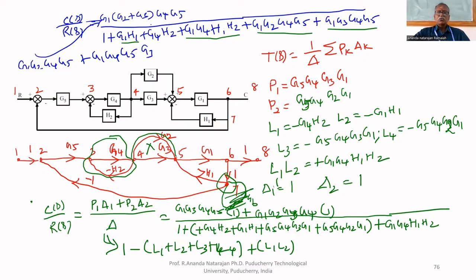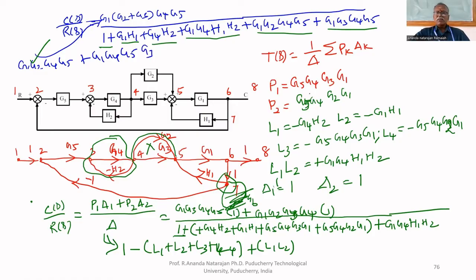G4, H2 is also there. 1 is also there. Numerator: G1, G3, G4, G5 is there. Something wrong.